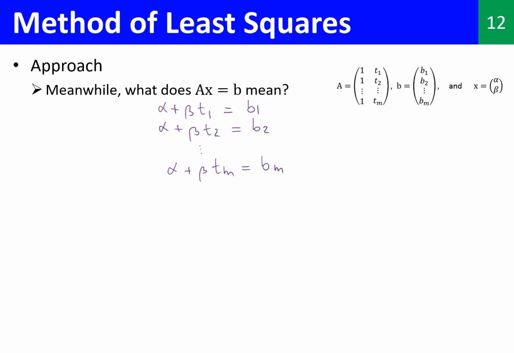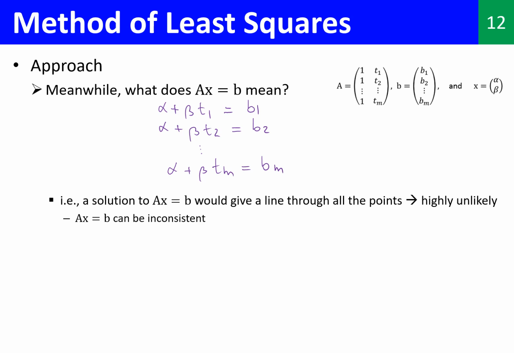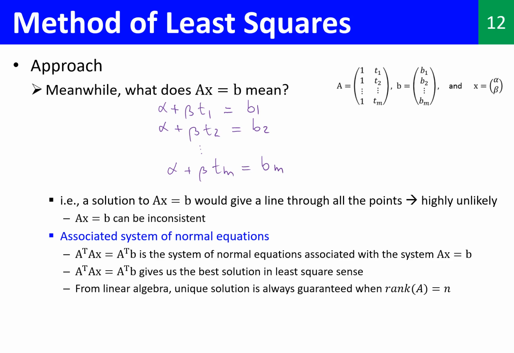Well, a solution to Ax equals B would give a line through all the points, and that is highly unlikely, right? In linear algebra terms, we say that Ax equals B is inconsistent most of the time. A transpose Ax equals A transpose B is known as the associated system of normal equations of Ax equals B. Okay, and it will give us the best solution in least square sense, as we saw before.